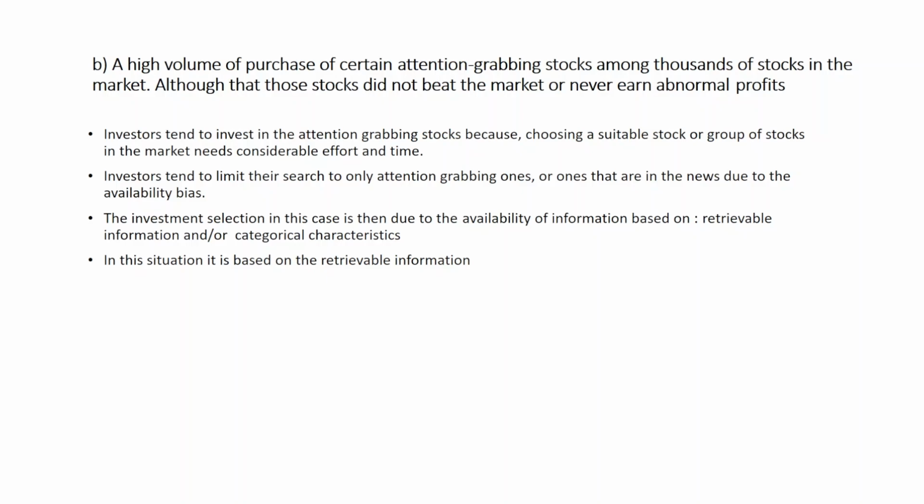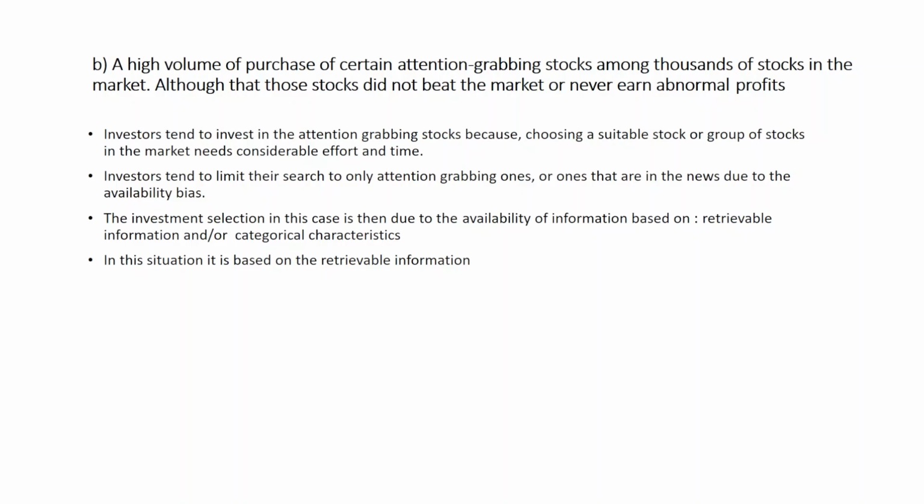The availability bias, as we've seen in our lecture as well, could be due to different reasons, either because of the retrievability of the information. Some information is easier to remember. For instance, you would remember certain stocks that are very well known in the market, or because you know that the category in which the stock is normally has a very good return or is really well known to you.